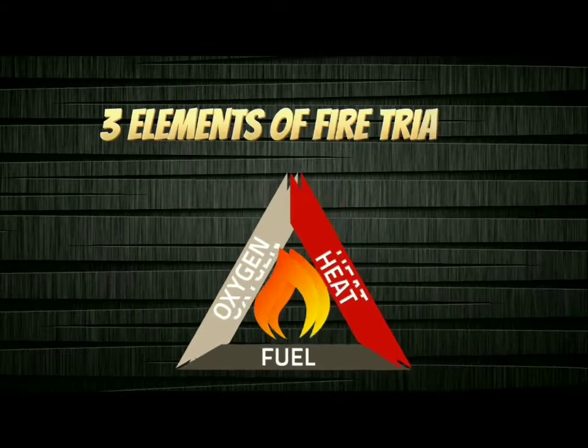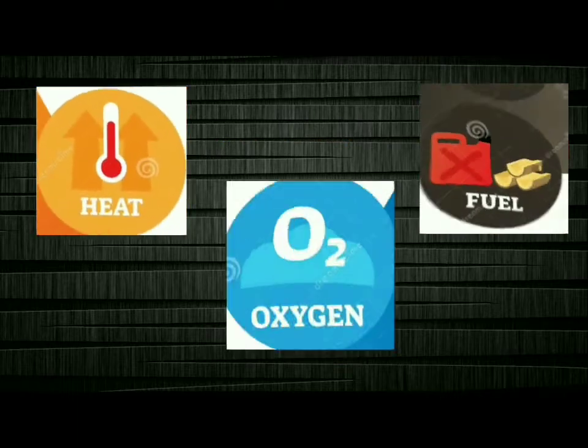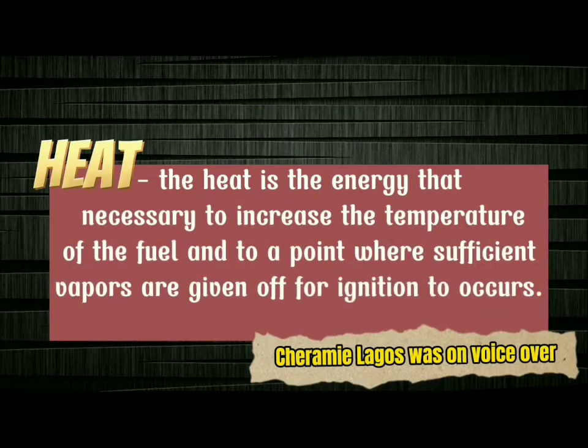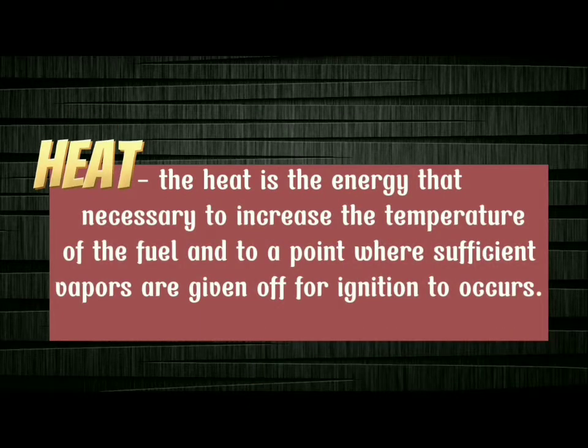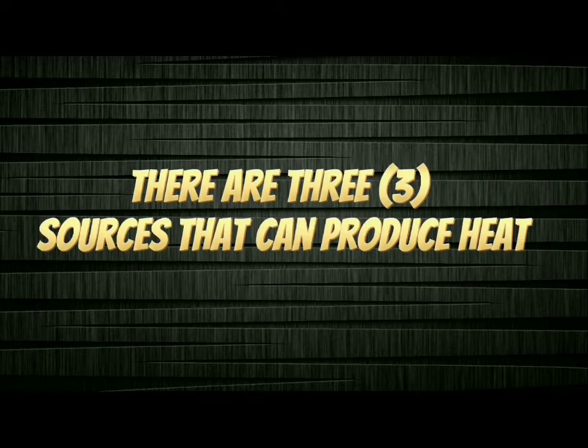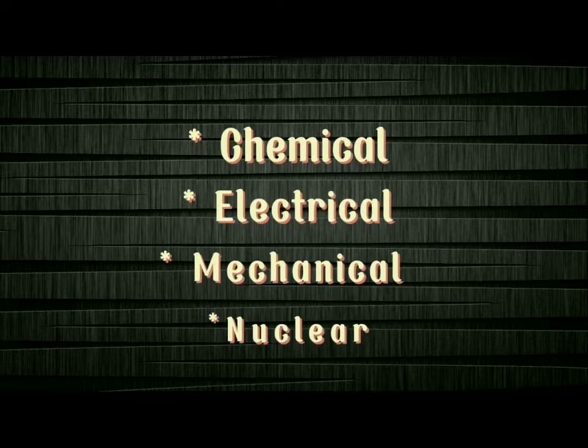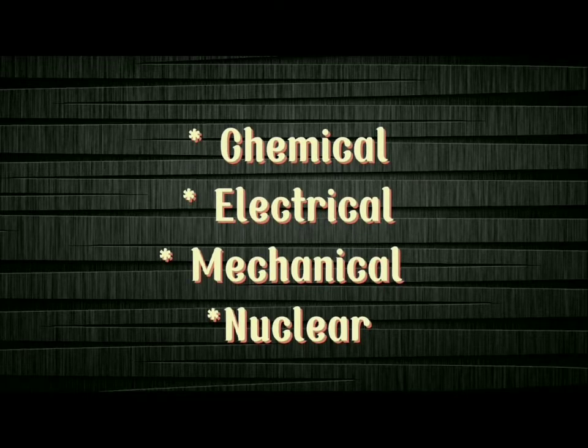The three elements of the fire triangle are heat, fuel, and oxygen. The first is heat. Heat is the energy necessary to increase the temperature of the fuel to a point where sufficient vapors are given off for ignition to occur. There are three sources that can produce heat: chemical, electrical, and mechanical.